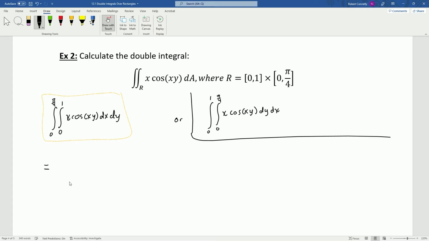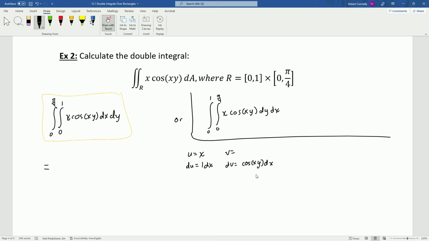So what do we get here? Well, I need to use integration by parts. So for my inside integral, I want u to be x, du to be 1 dx, dv to be cosine of xy dx, and then v is the integral of this.